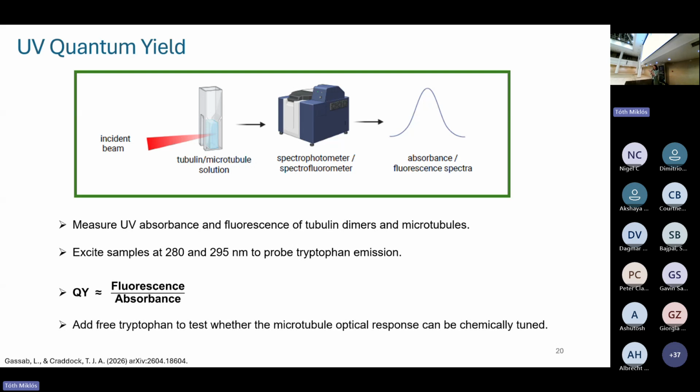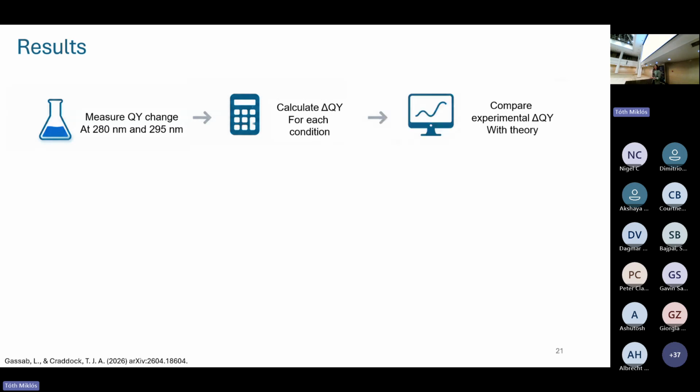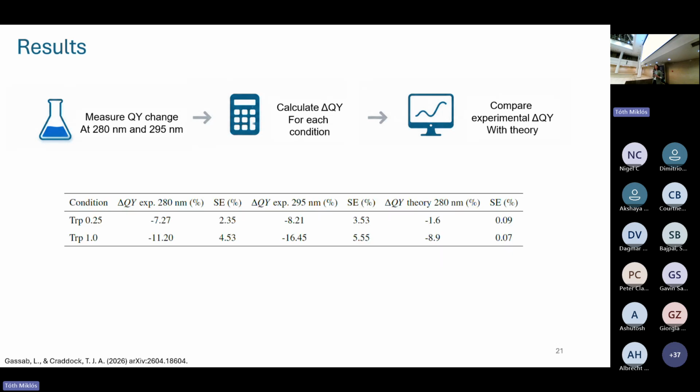And we add tryptophan in different ratios in order to test if this quantum yield will change, so if tryptophan will have an effect on the optical responses of microtubule and tubulin. So we measure it at 280 and 295. We excite our system, and we calculate the change in quantum yield between the microtubule without tryptophan and with added tryptophan. And we compare it with the theory that we had before.